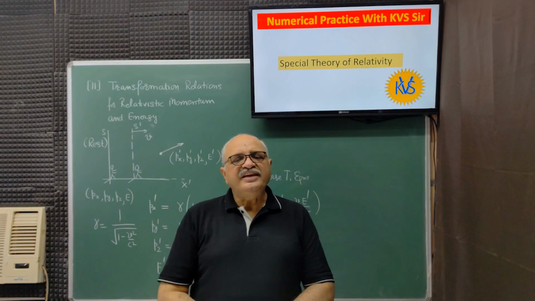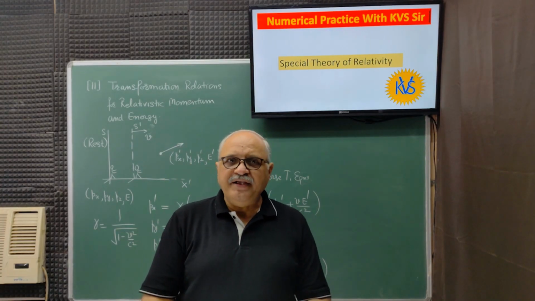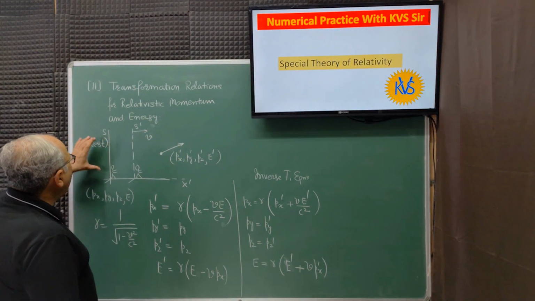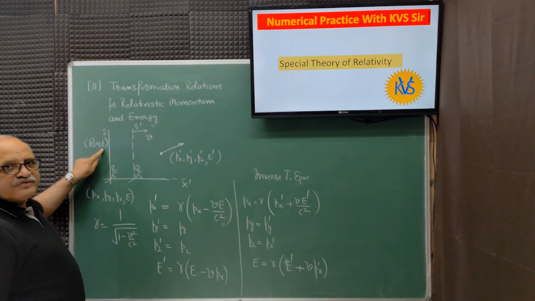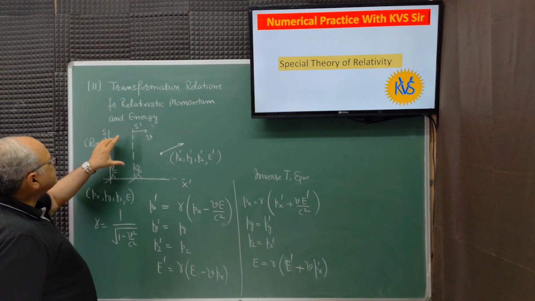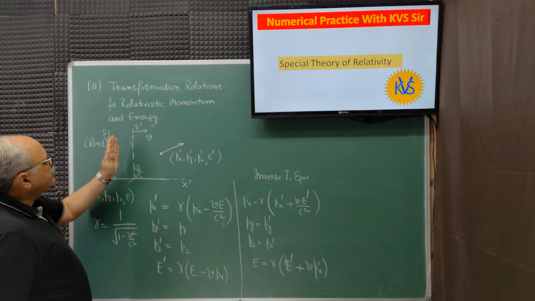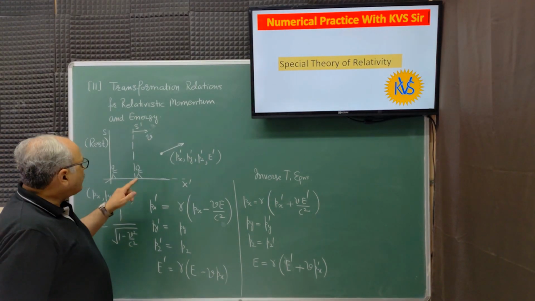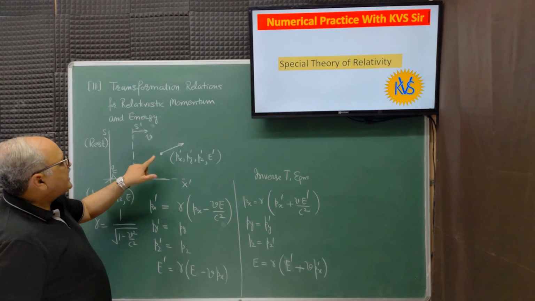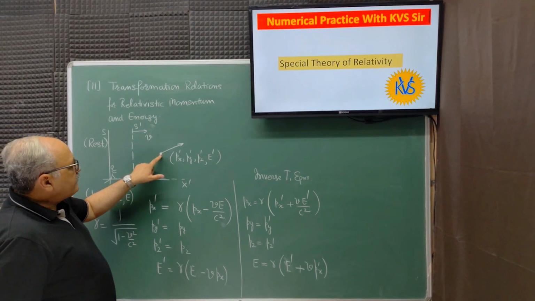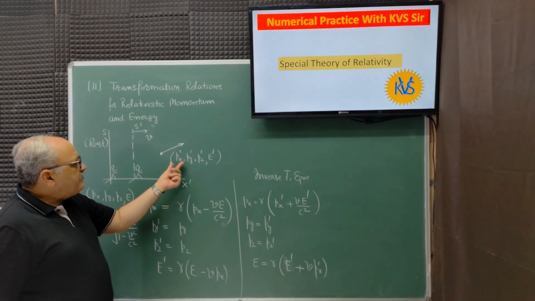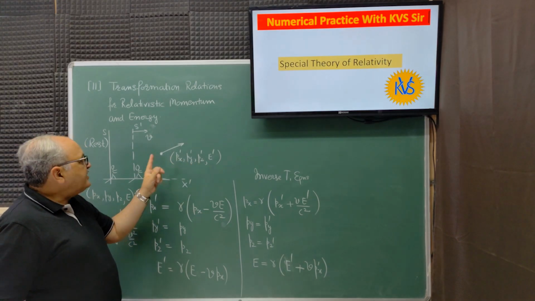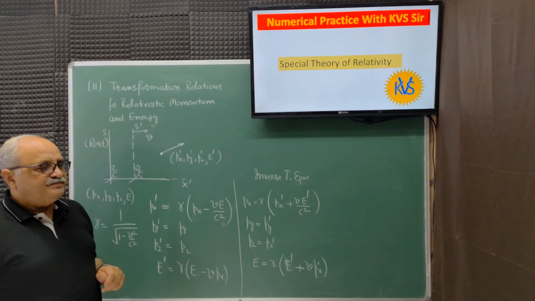So students, let's see the transformation equation for the momentum and the relativistic energy. As usual, we have a frame S in the rest state. With respect to this, there is another inertial frame S dash which is moving along the x-axis with the velocity v. Now the observer of S dash frame observes that a particle is moving and has momentum components px dash, py dash and pz dash, and its relativistic energy is E dash.